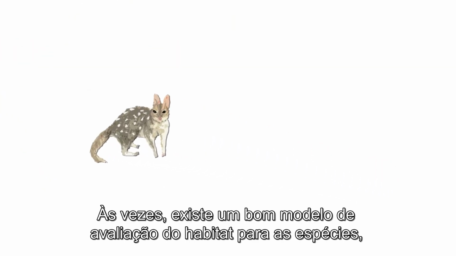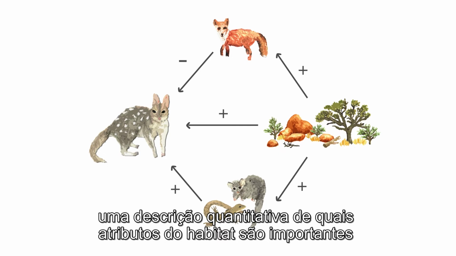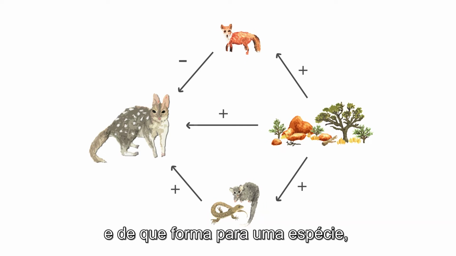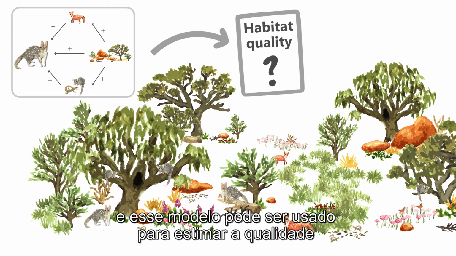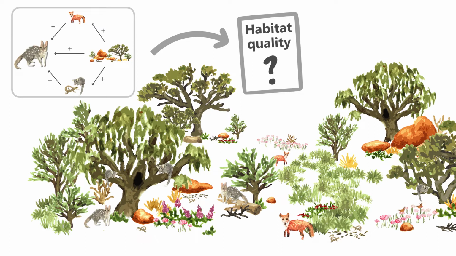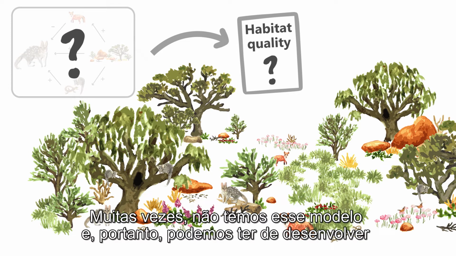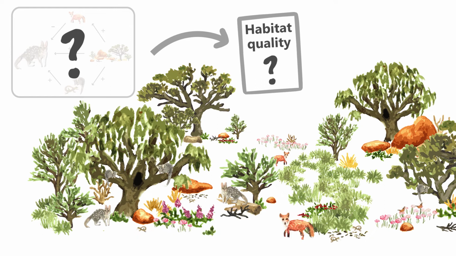Sometimes a good habitat model exists for the species, a quantitative description of what habitat attributes are important and in what ways for a species. And that model can then be used to estimate the quality or importance of a given area for that species. Often we don't have such a model, so we may have to develop our own index of habitat quality.